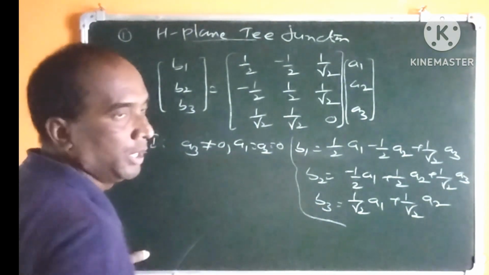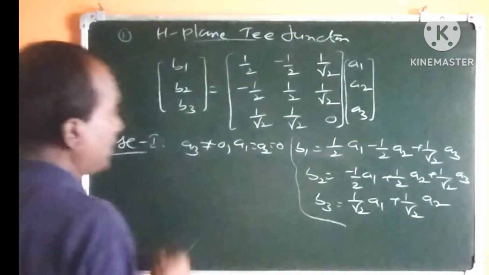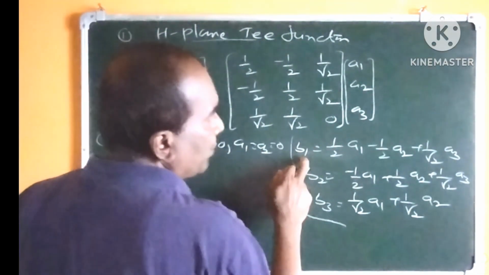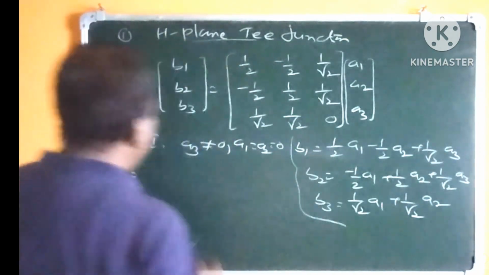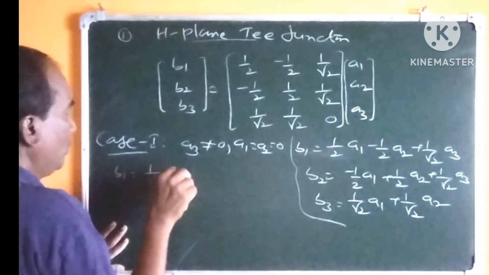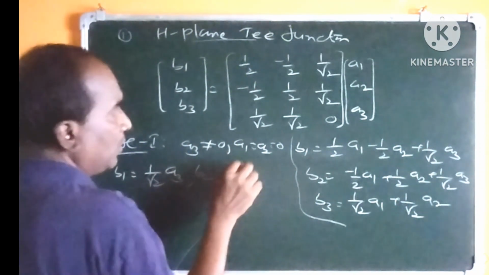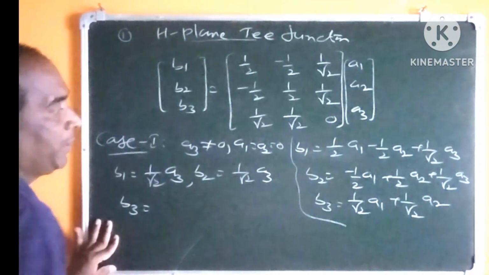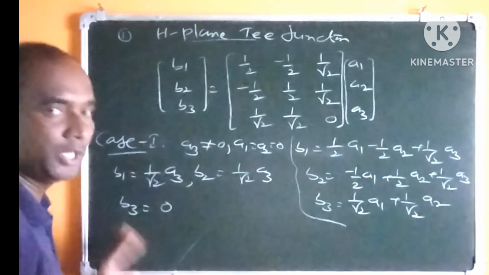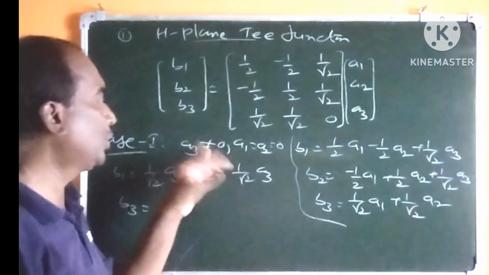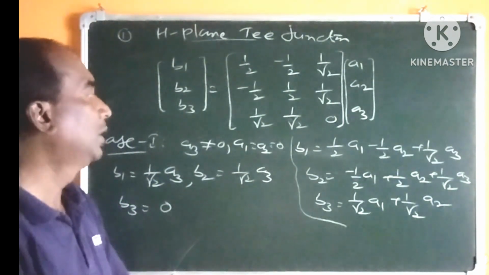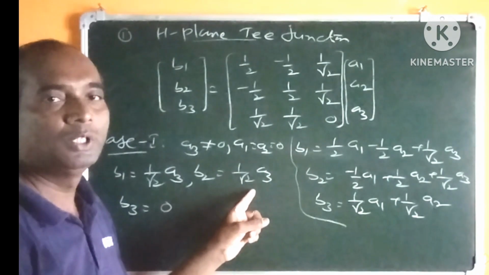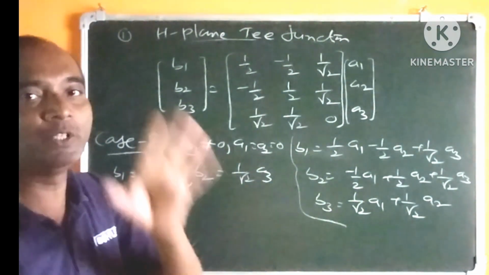By substituting these in equations B1, B2, B3, B1 equal to 1 by root 2 into A3, B2 is also 1 by root 2 into A3, and B3 will be equal to 0. That means we can say that if the input is given at port 3, it splits between port 1 and port 2 with equal magnitude and in phase.